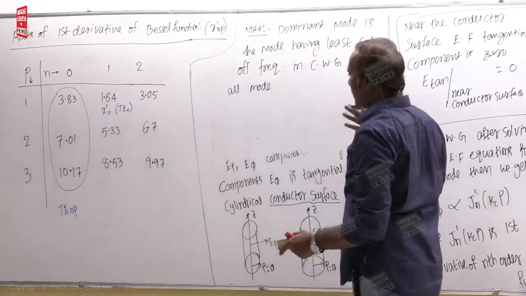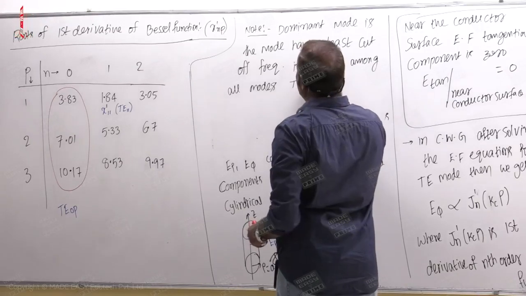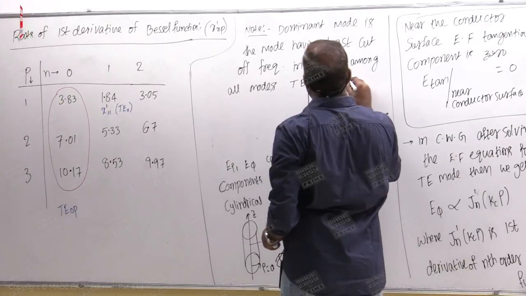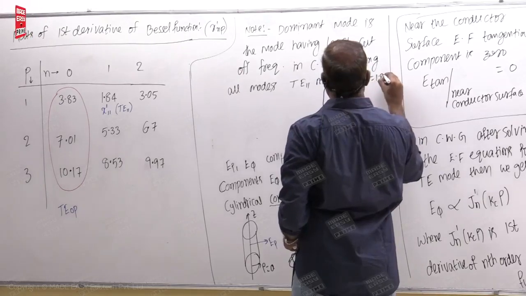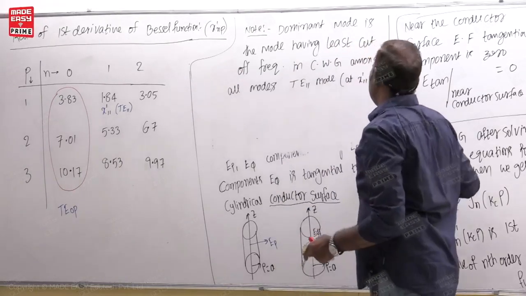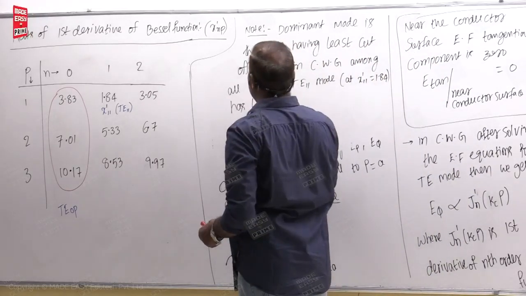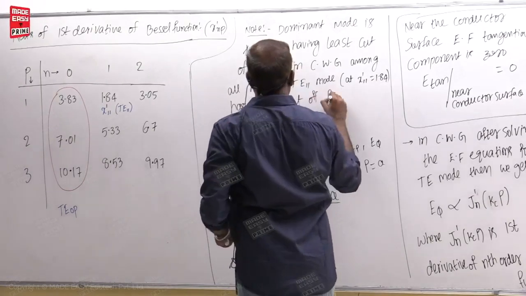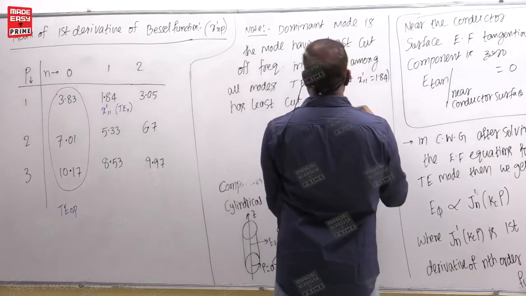You will see, we will write that also. Among all modes, the TE11 mode, whenever x dash 11 is equal to 1.84, the TE11 mode has the least cutoff frequency.